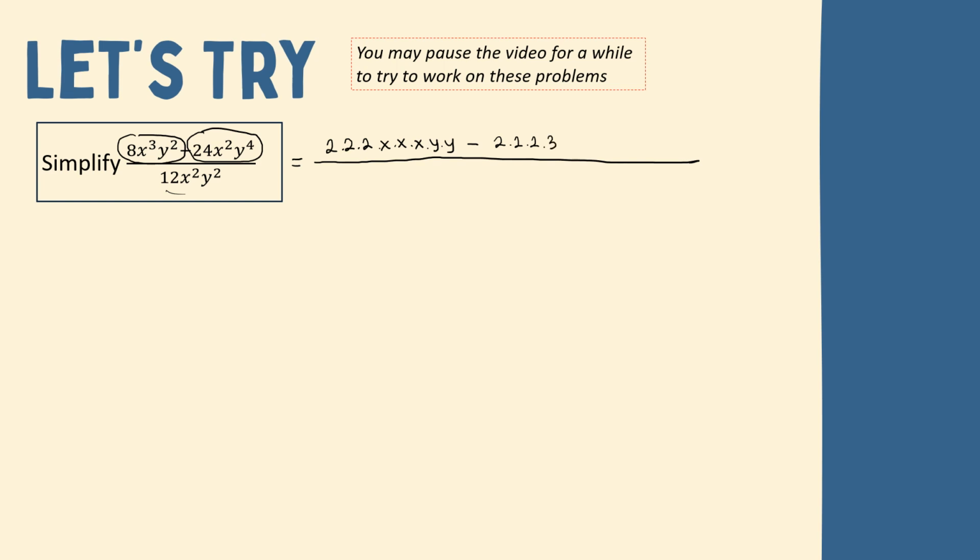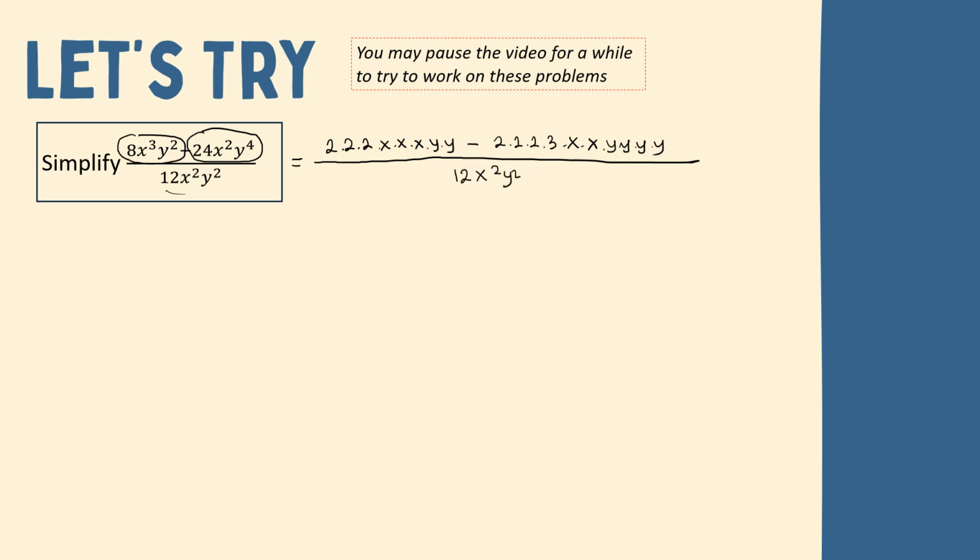You can use the factor 3 for it. Then decompose x squared into x times x, and y to the power of 4 into y times y times y times y. And for the denominator, you just write down 12x squared y squared.